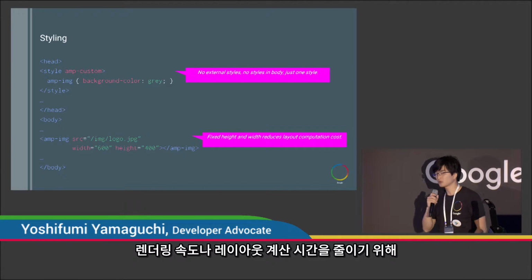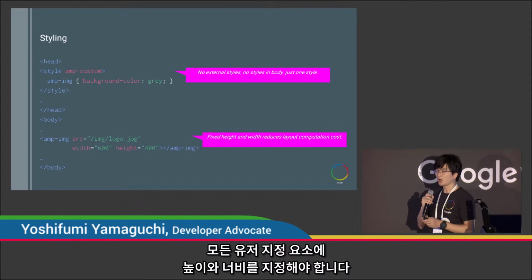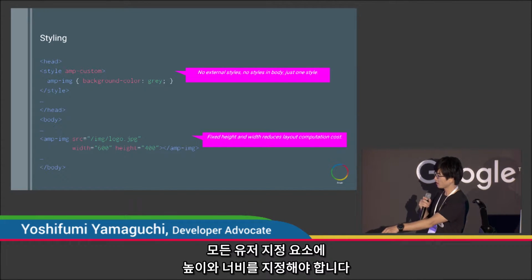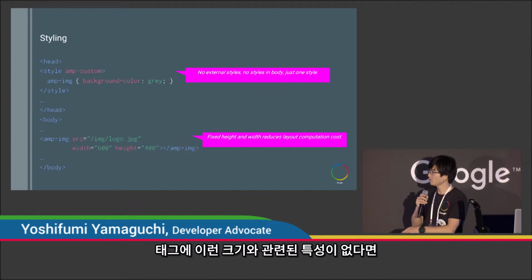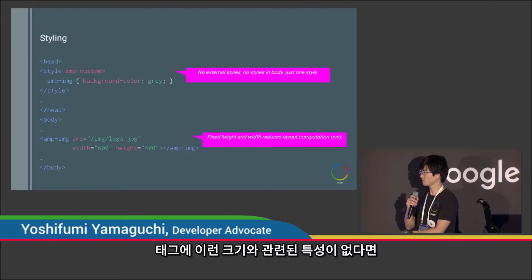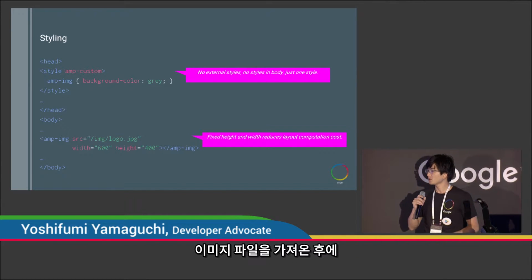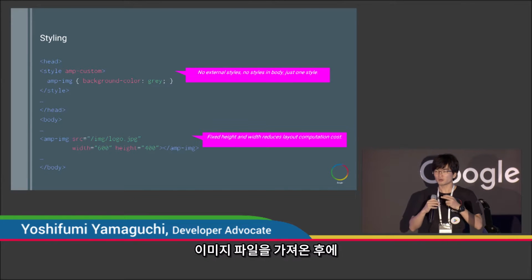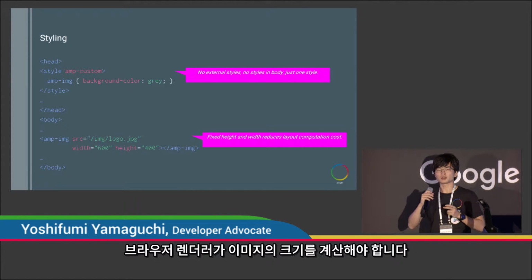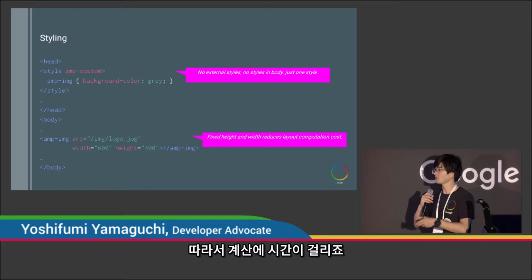Also, in order to reduce rendering or layout calculation, the developer has to set the width and height attributes on any custom element. If the tag doesn't have these size-related attributes, the browser renderer has to calculate the size of this image after fetching the image file, so it takes time to calculate the layout.